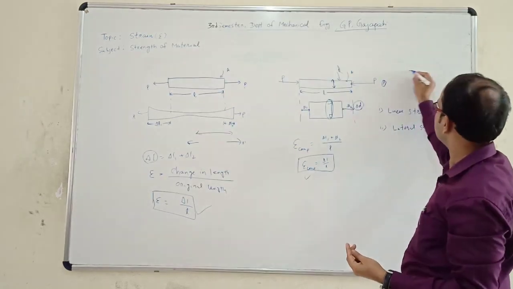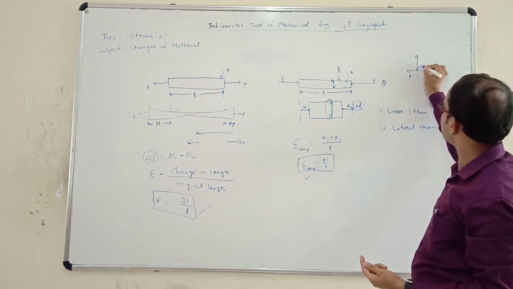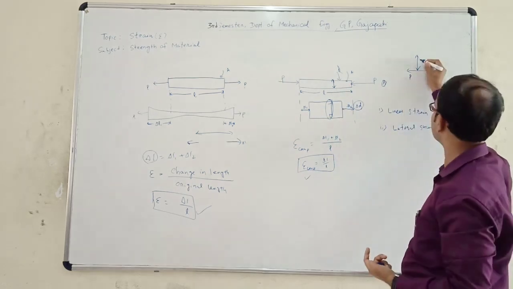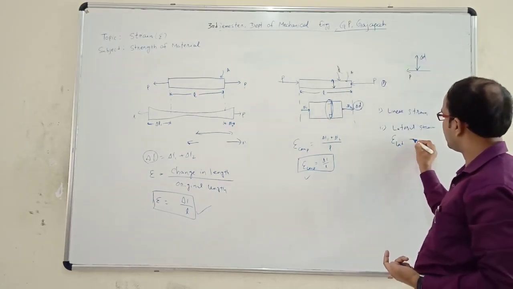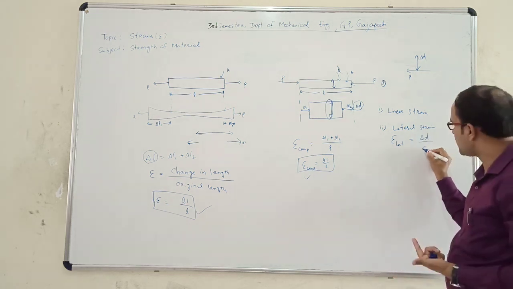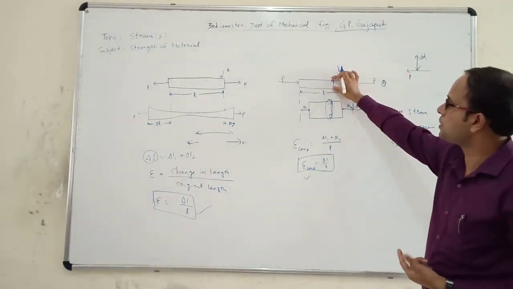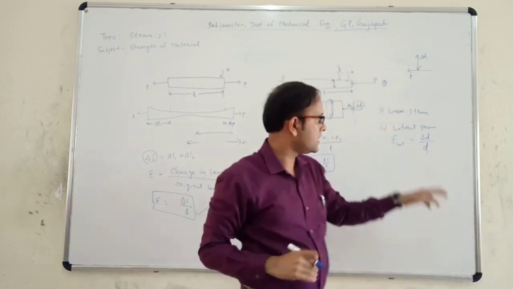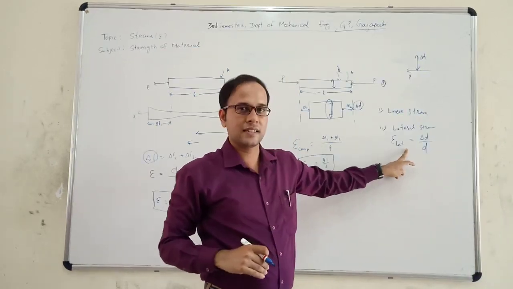This is the direction of P, and we are taking the change in dimension in the lateral or perpendicular direction, that is delta d. Now what is lateral strain? The change in dimension in the lateral direction is delta d, and the original dimension is d. This dimension is perpendicular to the application of force, so the corresponding strain is known as lateral strain.